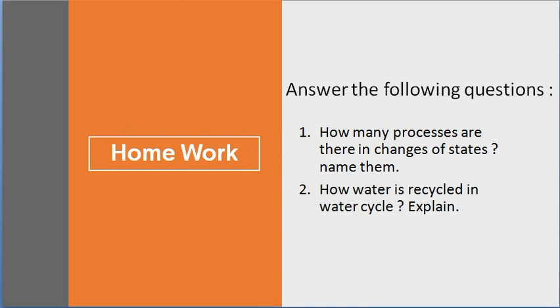Name them. We repeated again and again in the lesson what the processes are: melting, freezing, condensation, evaporation, sublimation. These all are the processes, and you just have to name them in your copy.